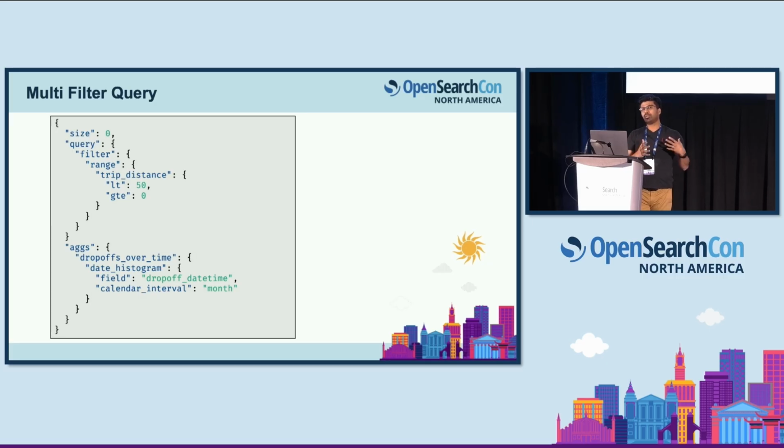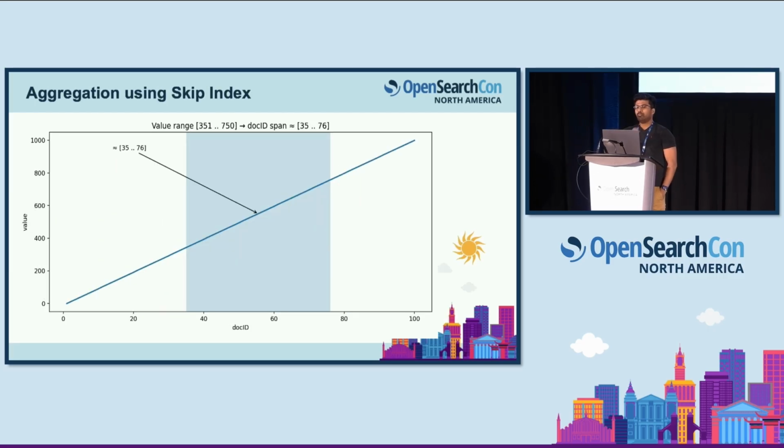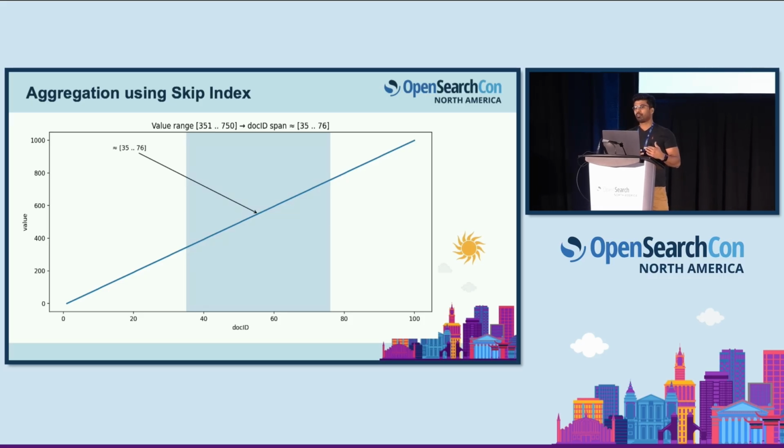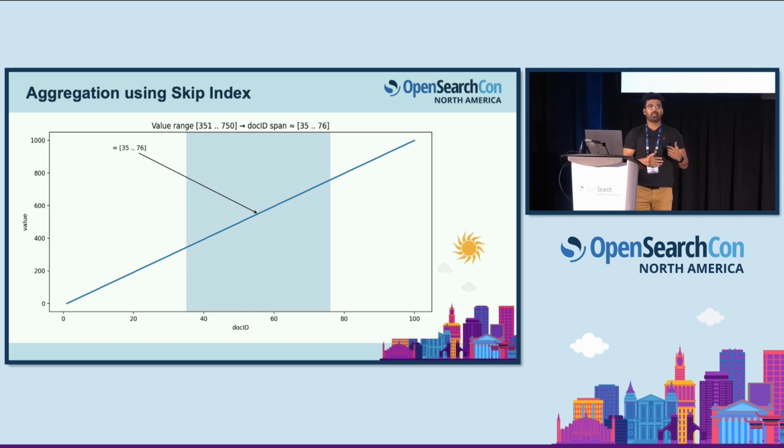That will give us a list of all the matching documents that have a trip distance from 0 to 50 miles. And then we can overlay that doc ID set iterator with the skip index for drop off date time. By doing that, we will be able to skip the individual doc IDs very efficiently.